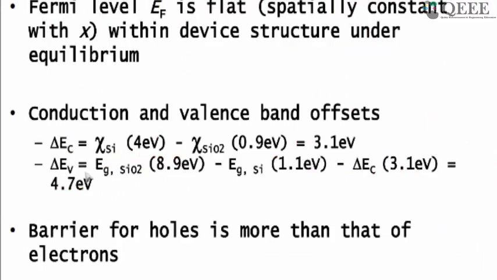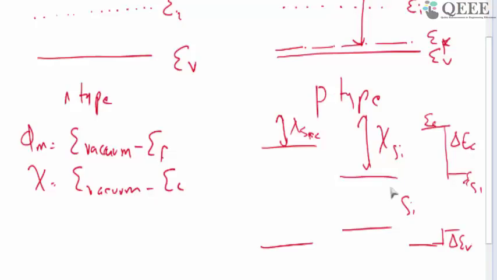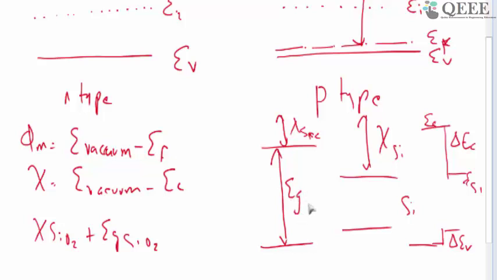So for the valence band edge, the way you derive the discontinuity is this. The total band gap: the chi of SiO2 plus the band gap of SiO2, this is the Eg of SiO2, and this is the Eg of silicon, and this is the delta EV.